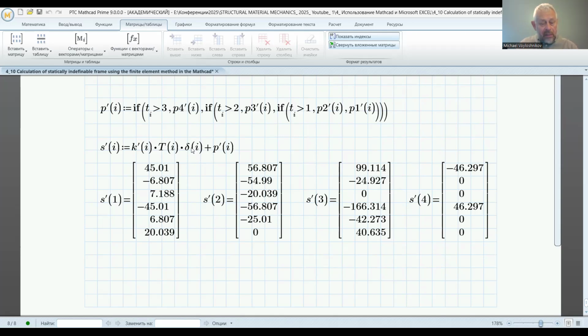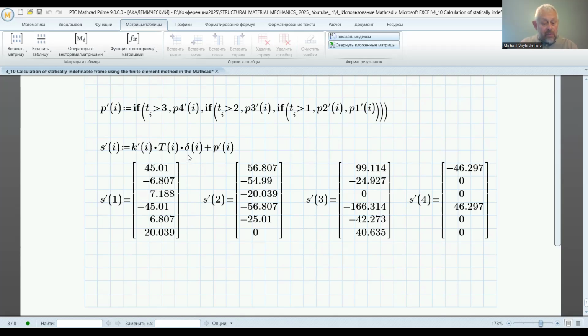But in the global coordinate system, the displacements mean the horizontal displacement along the global axis x associated with the integral mechanical system, and the displacement along the ordinate axis associated with the ordinate of the global coordinate system, vertical direction, and the angular displacement.